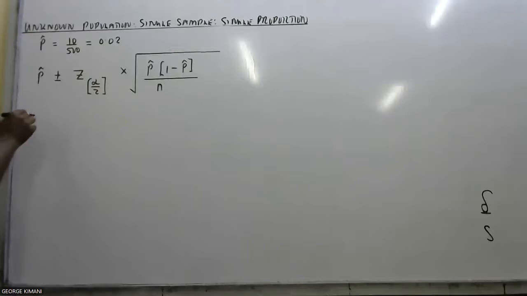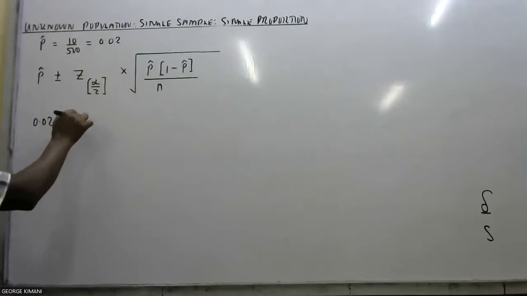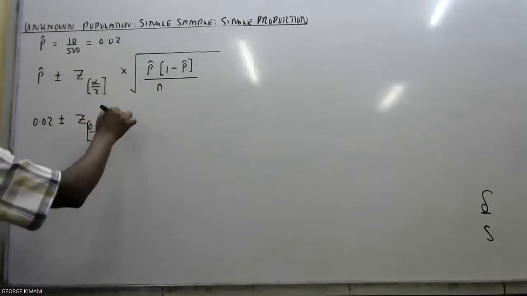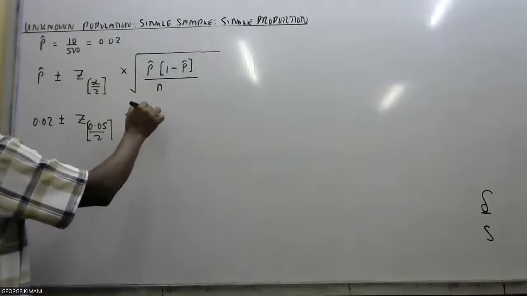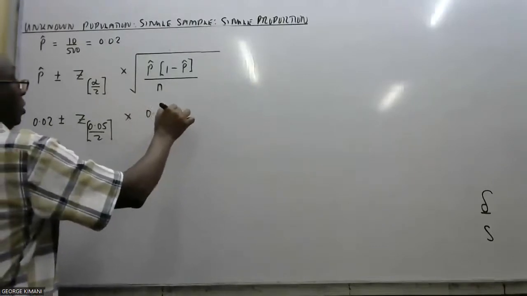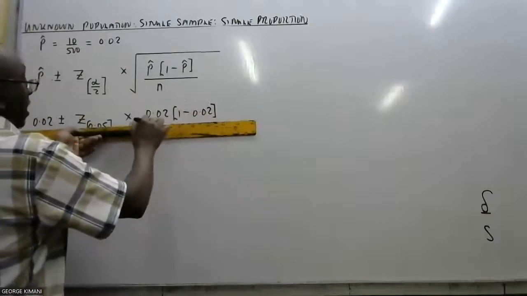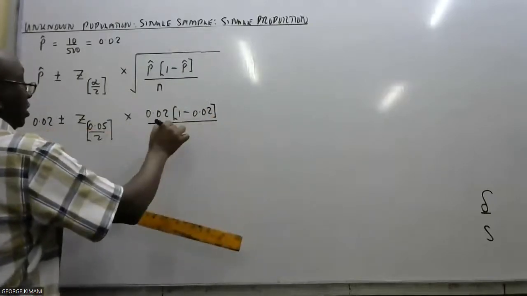From there now, we know this is 0.02 plus or minus Z at 0.05 out of 2, multiplied by 0.02, 1 minus 0.02, you divide by n, which is 500.